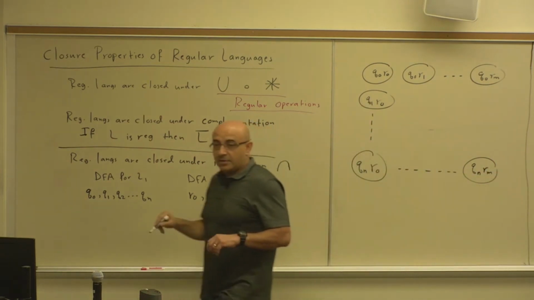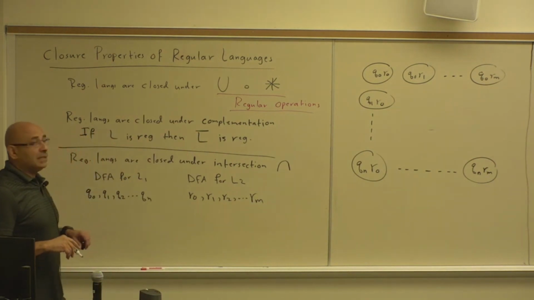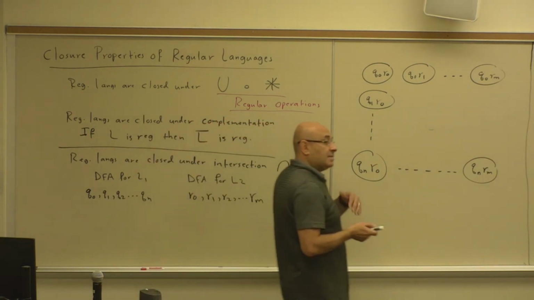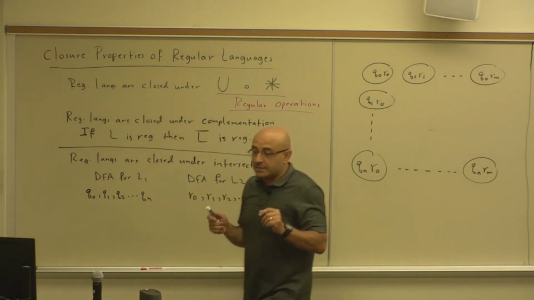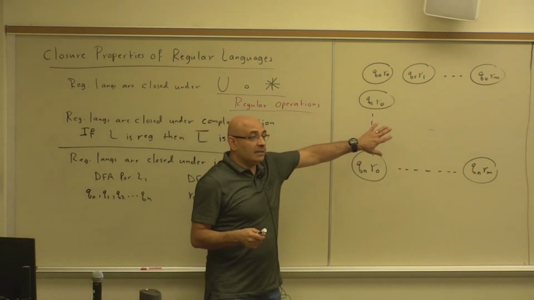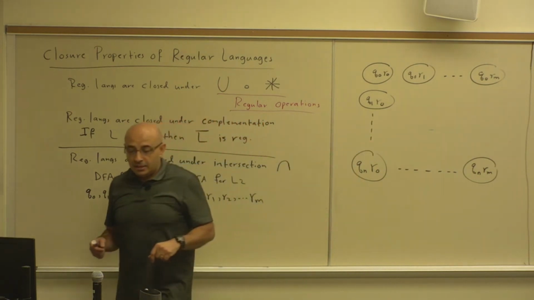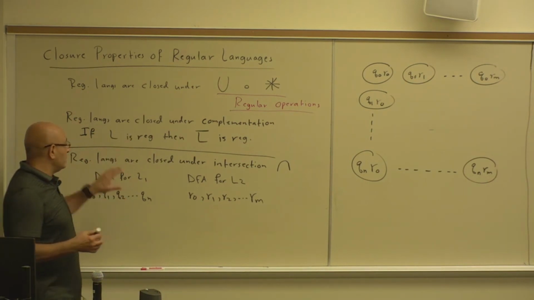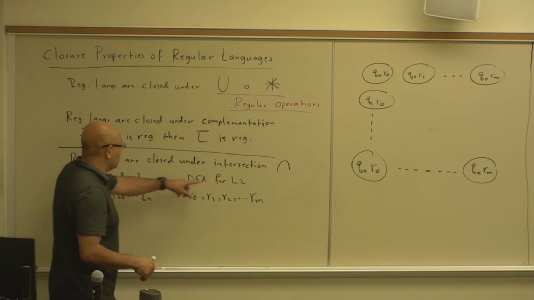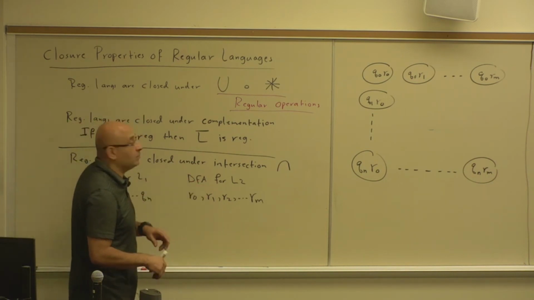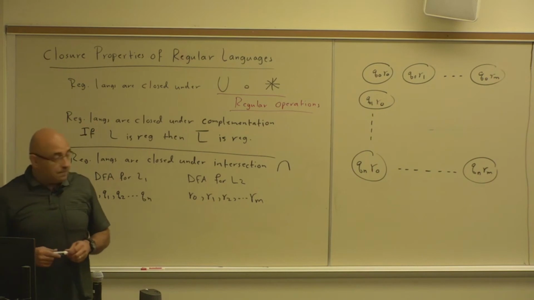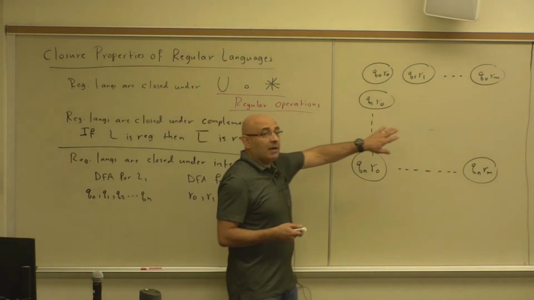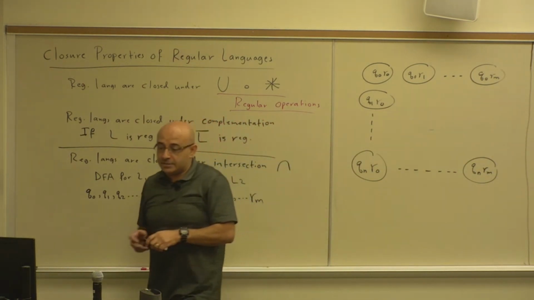Basically you track the two states simultaneously. Whenever a transition happens, each state in the intersection DFA tracks the state in DFA1 and the state in DFA2. This description is not detailed, but it gives you the idea of how you can construct a DFA for the intersection.